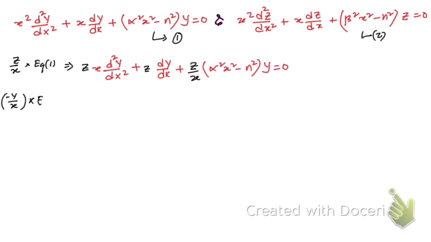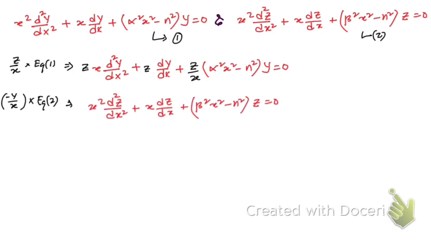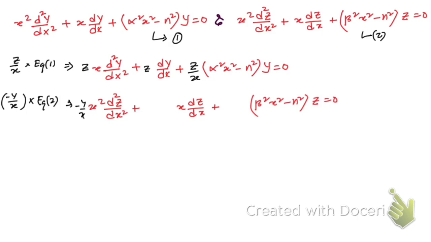into equation number 2. Okay, so here you see, let me write the equation number 2 here. So here is the equation number 2, right? So now if we multiply this minus y by x, then what we're gonna have, let me show you here. So if we multiply minus y by x here, then x cancels x square, then it's gonna give you minus yx, right?